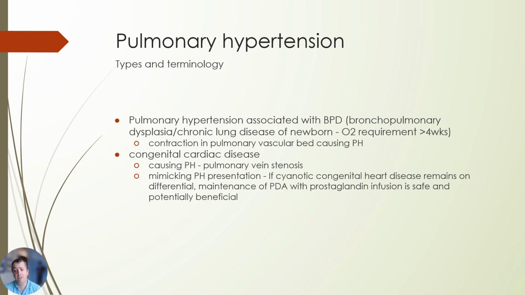Pulmonary hypertension associated with BPD and chronic lung disease, which results in a contraction of the vascular bed causing pulmonary hypertension, is another type. It can also be associated with congenital heart disease, either causing pulmonary hypertension, such as pulmonary vein stenosis, or mimicking a pulmonary hypertension presentation, in which case, if cyanotic heart disease remains on the differential, maintaining the PDA with prostaglandin infusion is considered safe while you're still trying to figure things out.